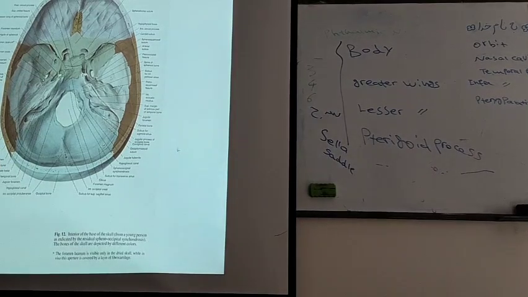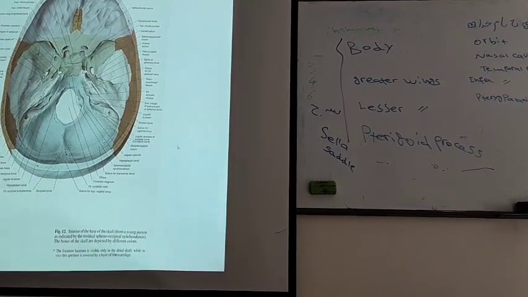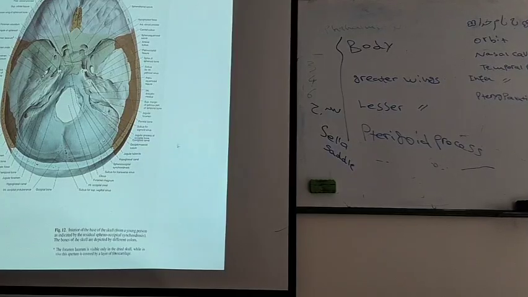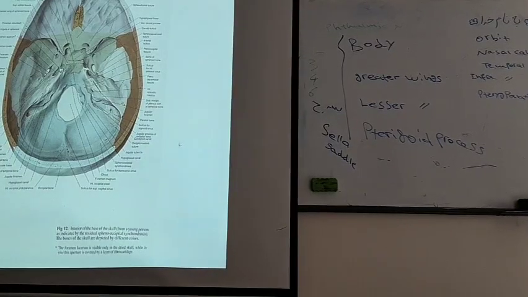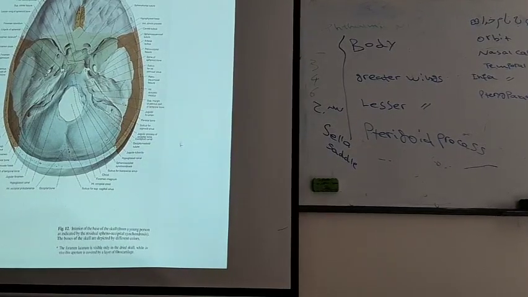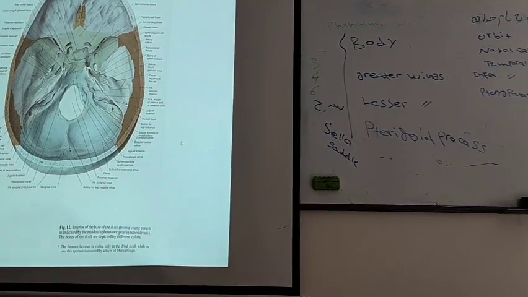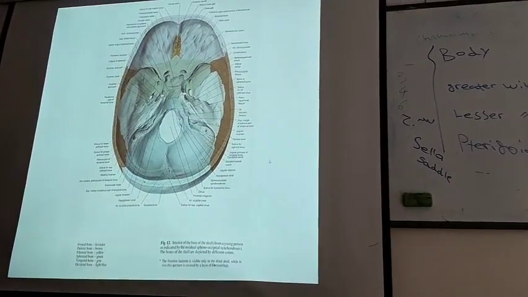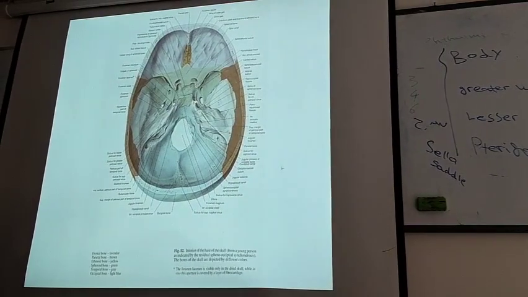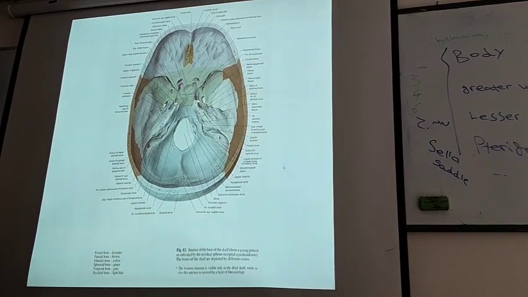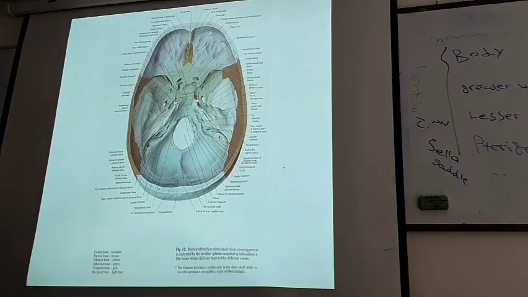It is for sensation of the orbit. You say my eyeball has pain, or sensation of temperature, or sensation of pressure. When something goes to your eye, you say something came to my eye. This is sensation by the ophthalmic nerve.